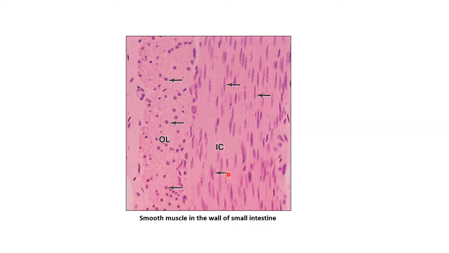These arrows indicate the nuclei of the smooth muscle cells. This is how it appears under the light microscope.